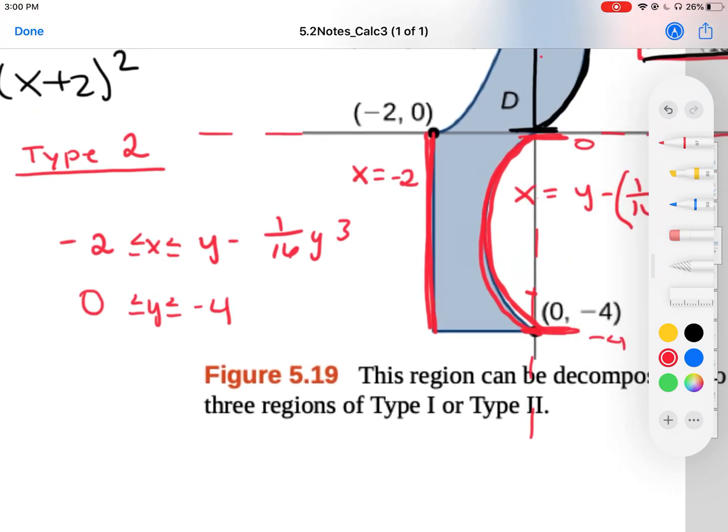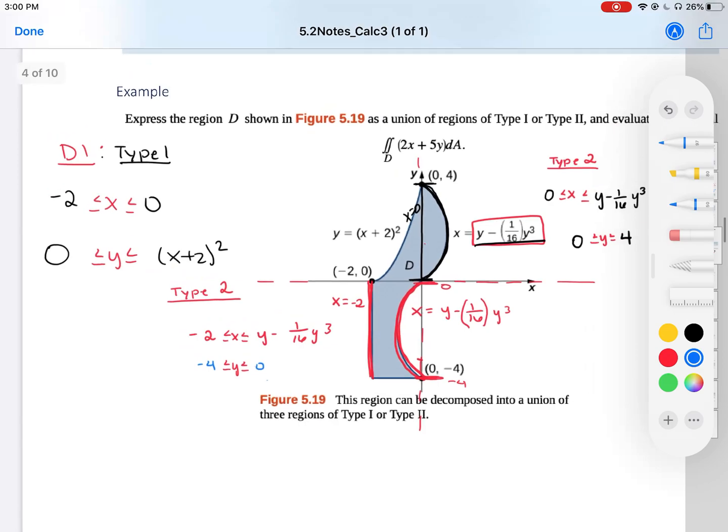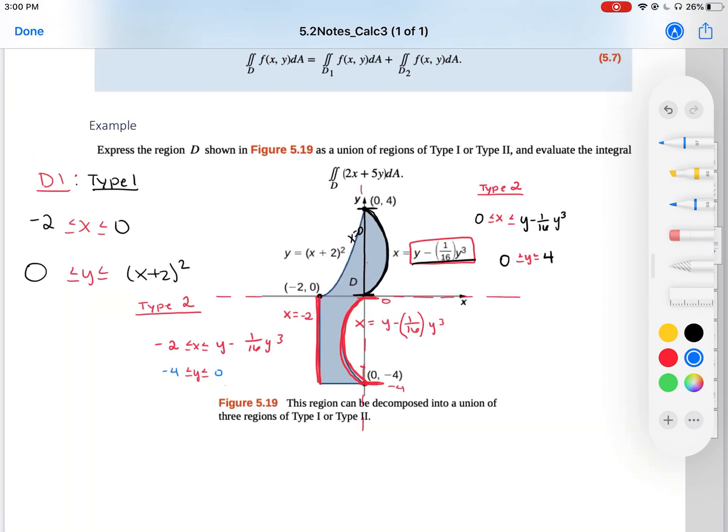And if you look, I already made a mistake. You always write your lowest and then your largest. Our lowest would be negative 4, so negative 4 to 0. Okay, so these are our regions. We have different types of procedures. Now we can go ahead and try to integrate.